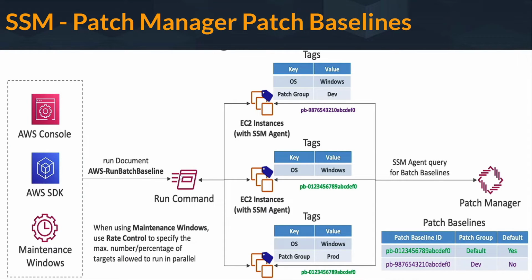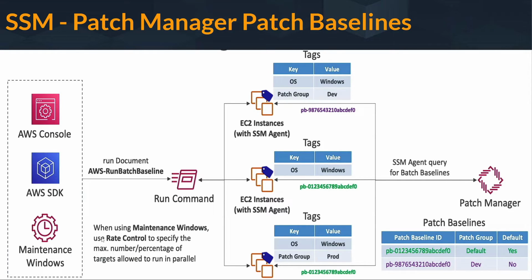When this run command works on these EC2 instances, they will take the input from Patch Manager about which instances are to be covered, which type of patches each instance will use, and what type of patches it will approve. When using maintenance windows, you have to use rate control to specify the maximum number or percentage of targets allowed to run in parallel.